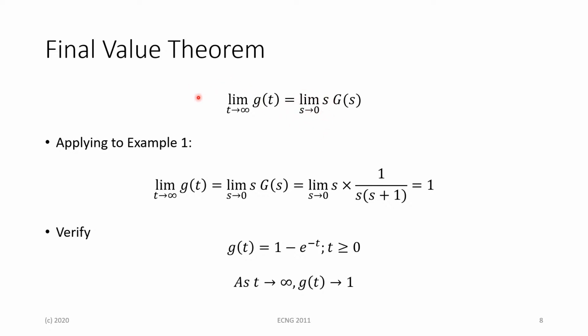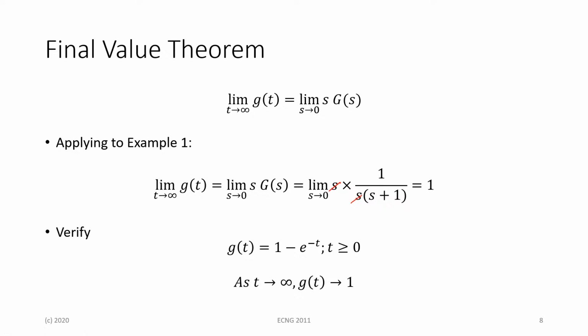So for our example for the final value theorem, we want to know what happens when t approaches infinity. So we say limit as s tends towards 0 instead. To evaluate this, we must have the s component multiplied by the g of s system transfer function. Applying this to our math and substituting in g of s accordingly, this s here and this s here basically cancel.